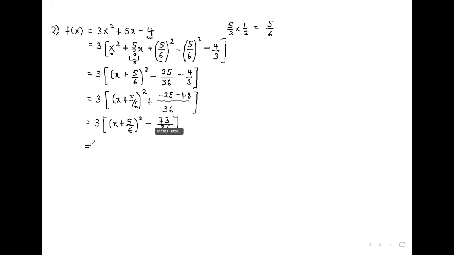Then we expand, we multiply throughout by 3. We'll get 3x plus 5 over 6 squared minus 73 over 12.